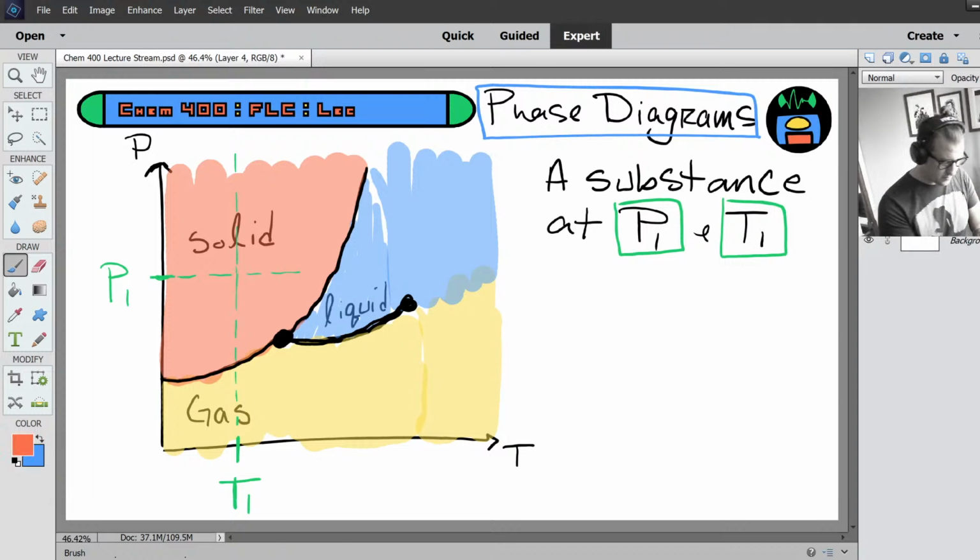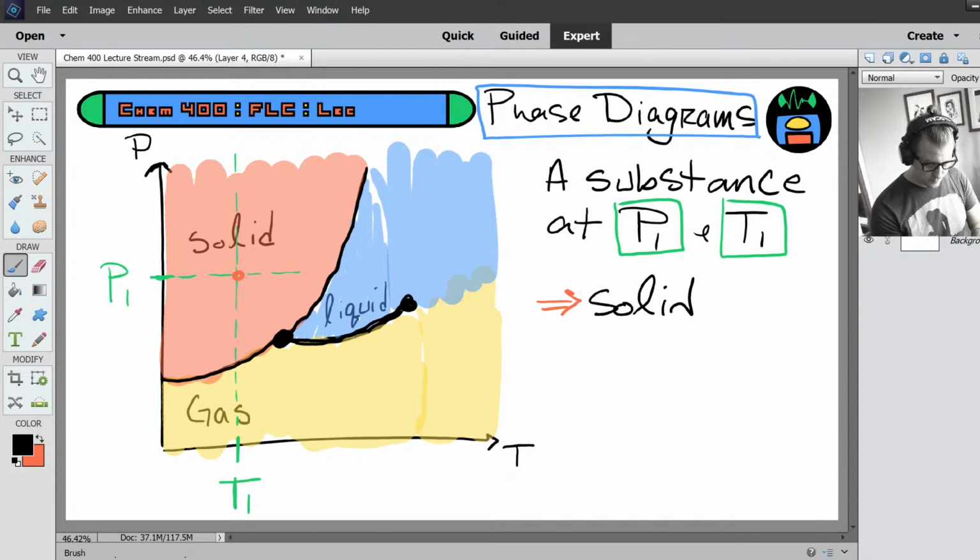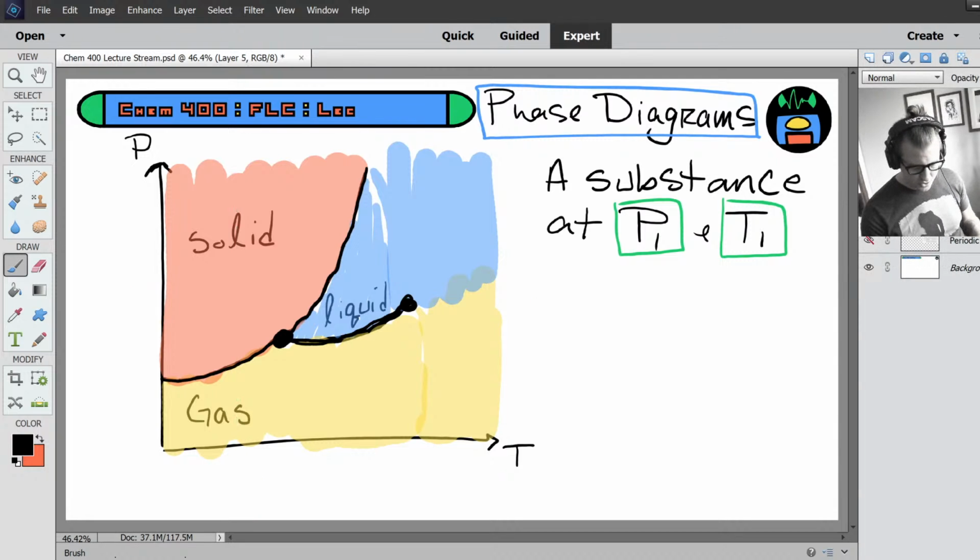And as you can see, the intersection of P1 and T1 on this diagram is in the solid region. So the phase that this substance would have at this pressure and temperature would be a solid. All right. Let's say that the pressure and temperature were different. Let's say that the pressure was down here and the temperature was over here.